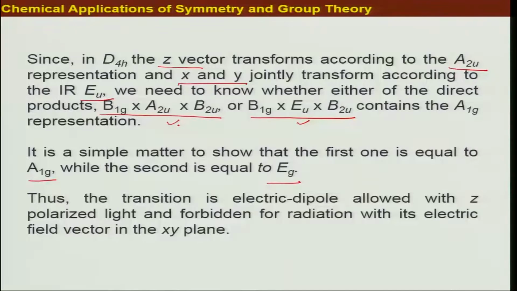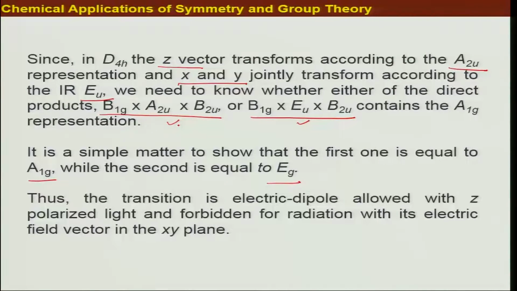That means our HOMO to LUMO transition is allowed overall, but it is allowed in the z direction and forbidden in the xy plane. We also say that the transition is z polarized. All right.